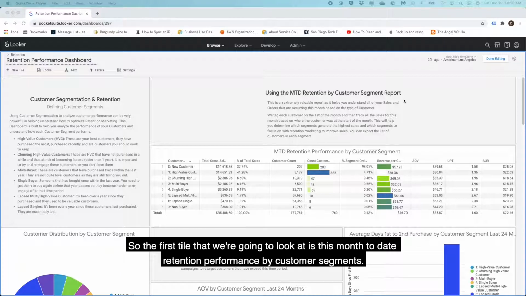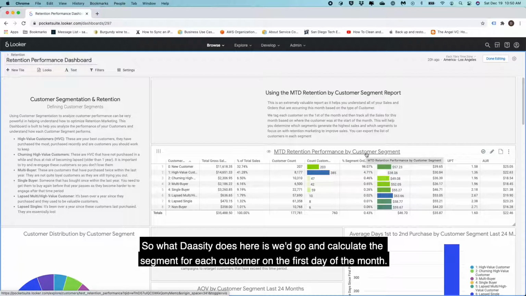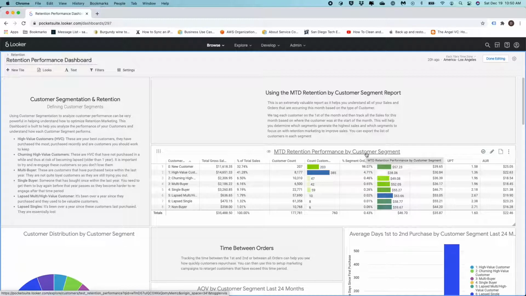So the first tile that we're going to look at is this month to date retention performance by customer segment. What Daasity does here is we calculate the segment for each customer on the first day of the month.